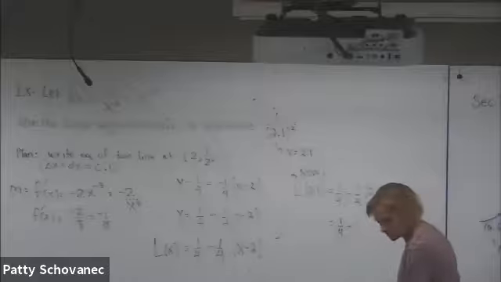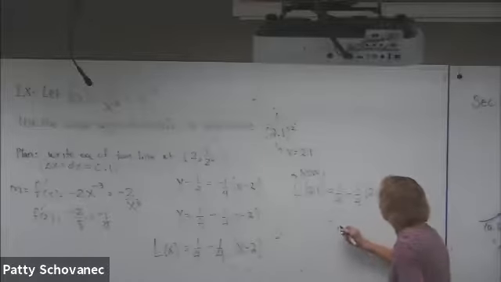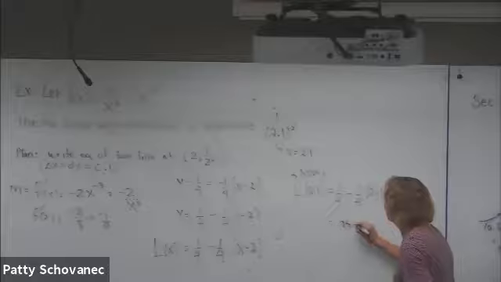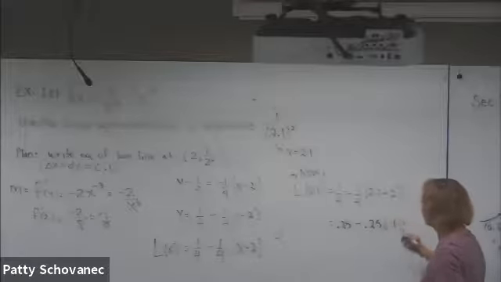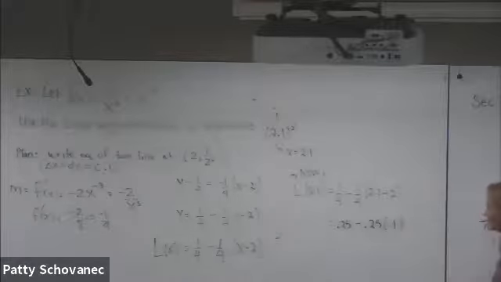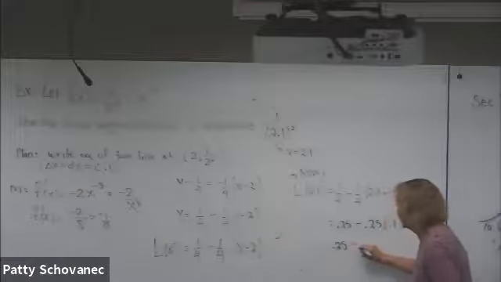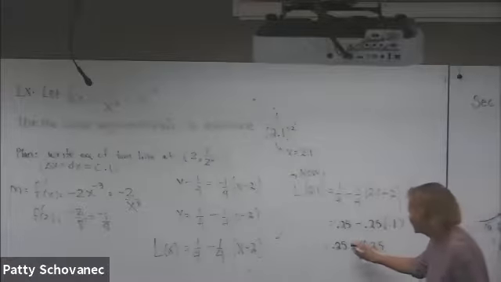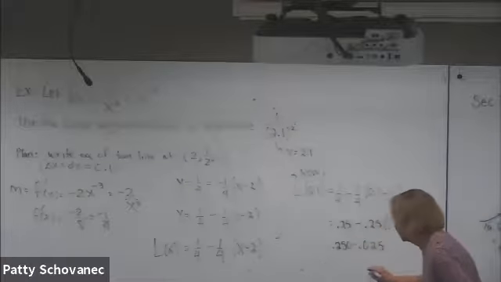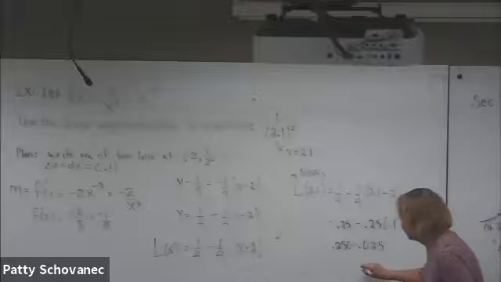Well, let me go to decimals. Maybe you want decimals better. 1/4 is 0.25. And then we said that was 0.1, so that's going to move my decimal one place. And so when I subtract that here, I get 0.225.